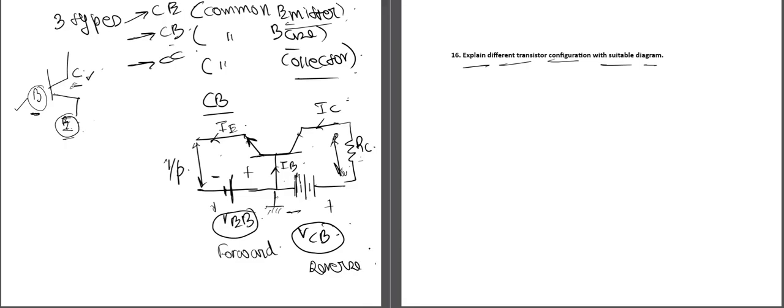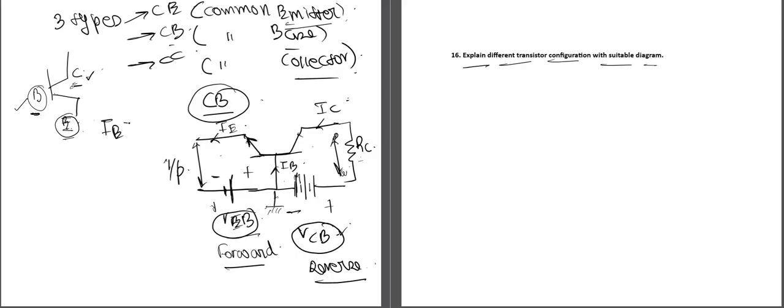Because it is forward biased, the electrons from the negative terminal repel the emitter electrons, and the current flows through the emitter and the base to the collector to contribute the collector current.